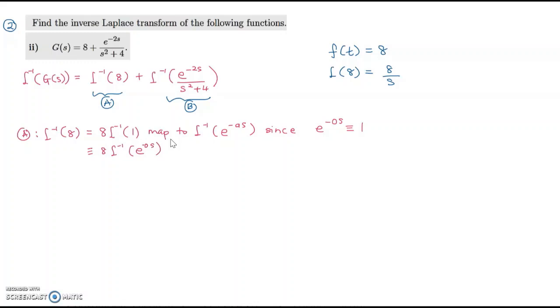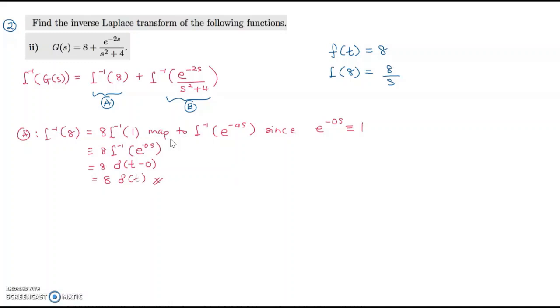All right, so by the table, if you refer to the left-hand side, the answer should be in the form of delta t minus a, where our a is 0. So this is actually 8 delta t.